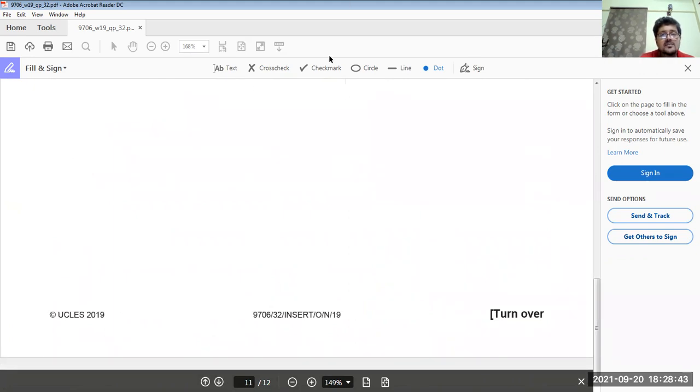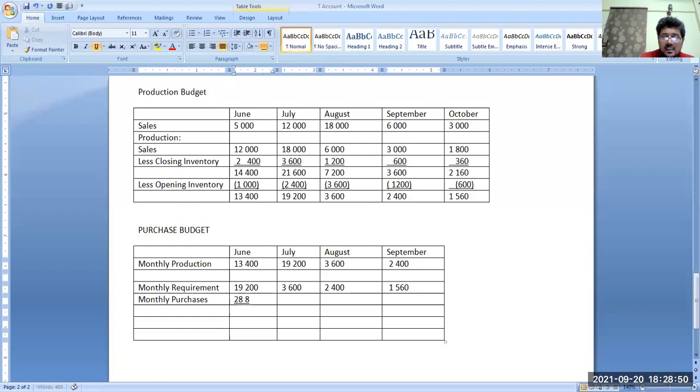Getting my point? 28,800 kilos we need. Now 3,600 multiplied by 1.5 means we need 5,400 kilos.